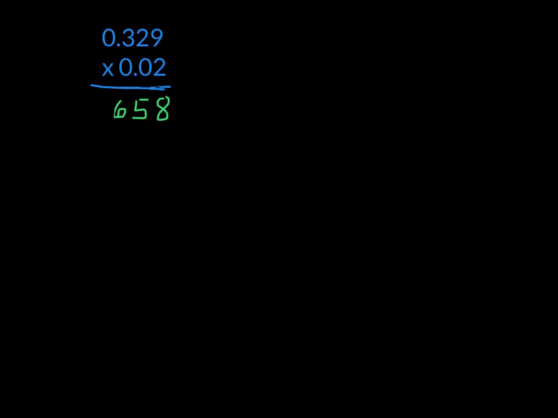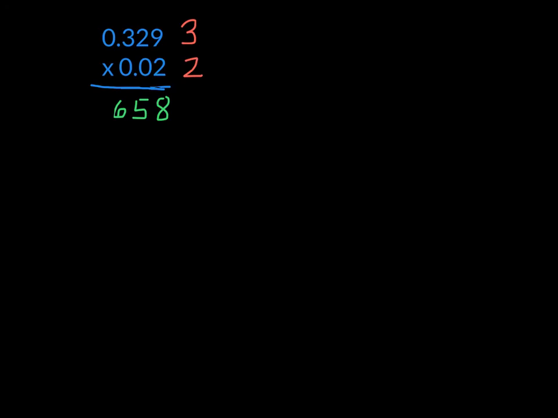Now I go up to the top number and I need to count the decimal places. I have 1, 2, 3 decimal places here behind this number. And then I count them behind the bottom number, and I have 1, 2 decimal places behind this decimal. So I need to have 5 decimal places behind the decimal.